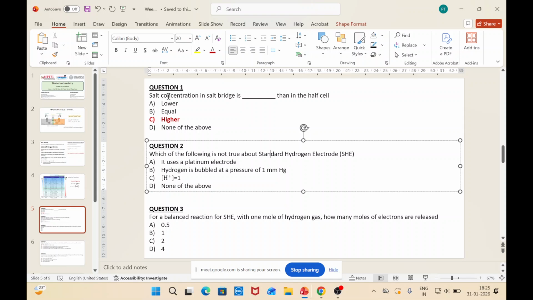Just now we discussed the operating conditions for SHE. Is it none of the above?